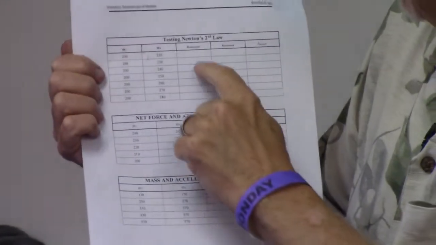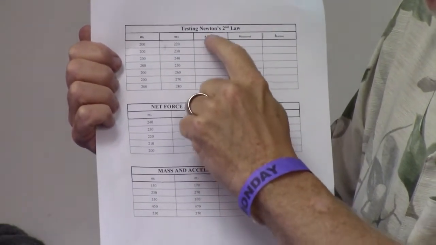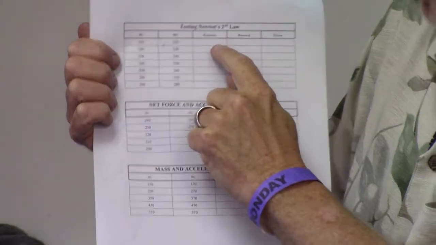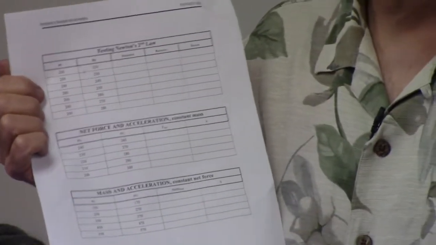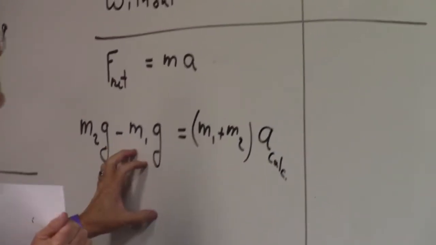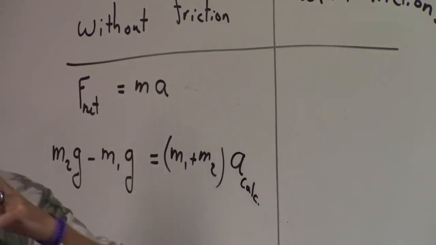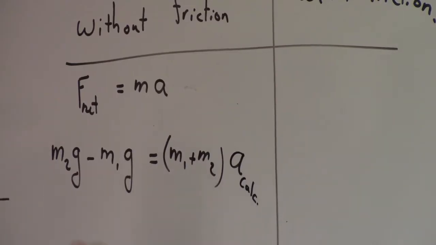But right here where it says calculate the acceleration, what they're asking you to do is what I just said right here. Calculate what the acceleration would be in a perfect frictionless world, okay?